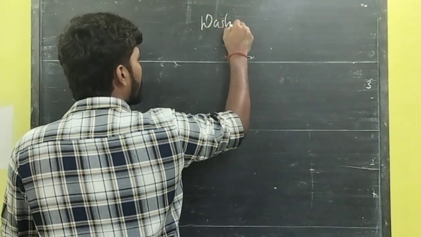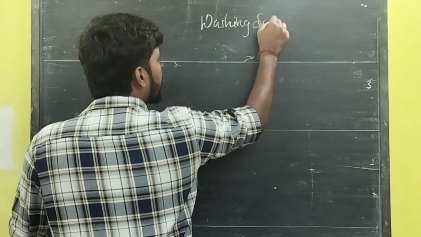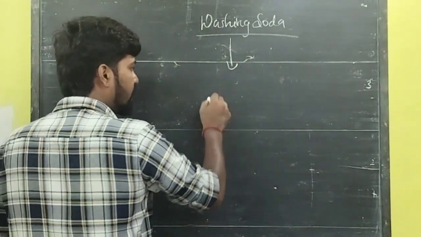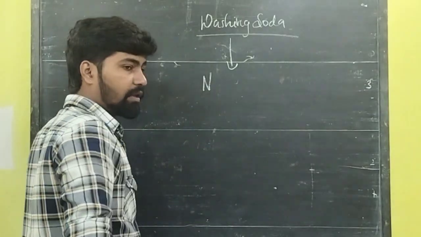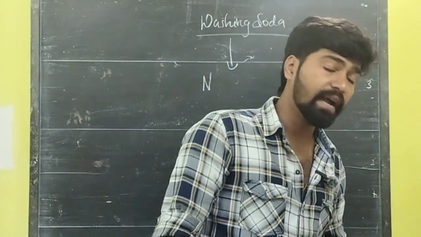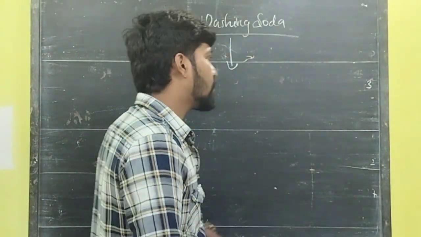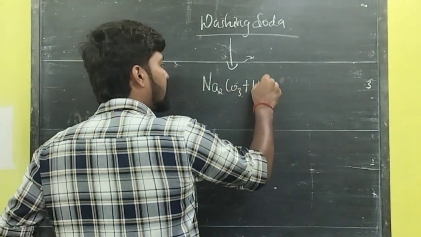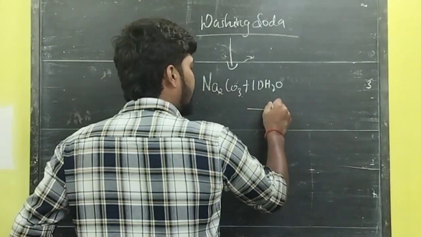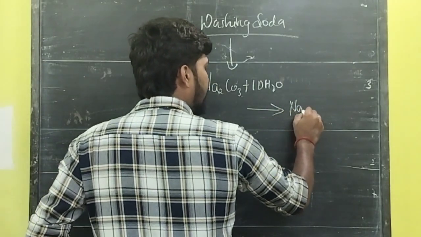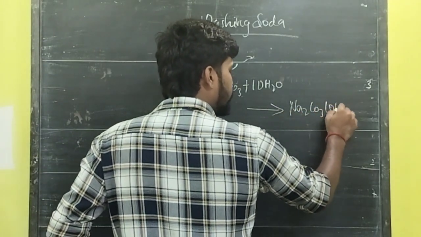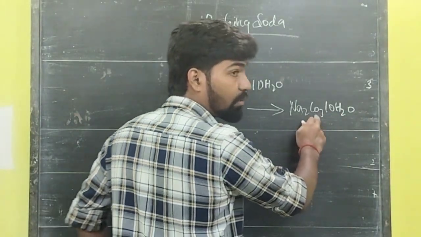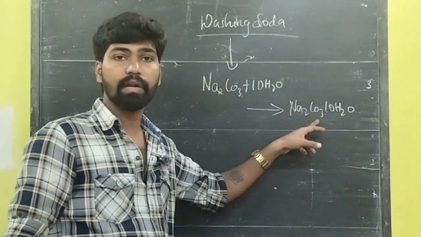Next thing is washing soda. What is washing soda, and how do you get it? You take sodium carbonate and recrystallize it, and you get washing soda. So Na2CO3 plus 10H2O: after recrystallization you get Na2CO3.10H2O, also called sodium carbonate decahydrate.